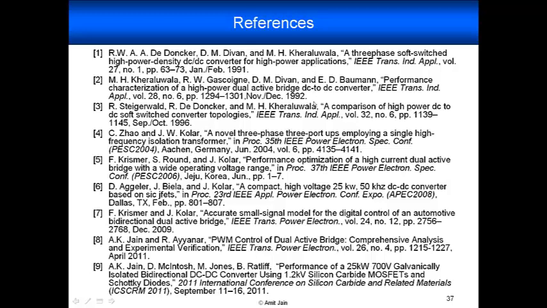Some have details on the converter design, particularly this reference. This is a very good reference for converter design. There are some empirical comparisons done for this converter compared with other possibilities for bidirectional converters.